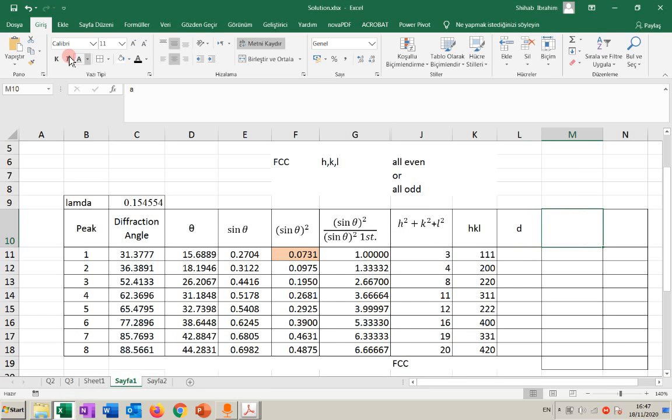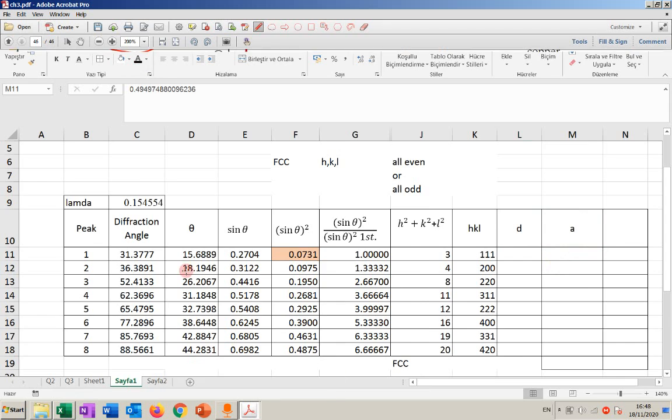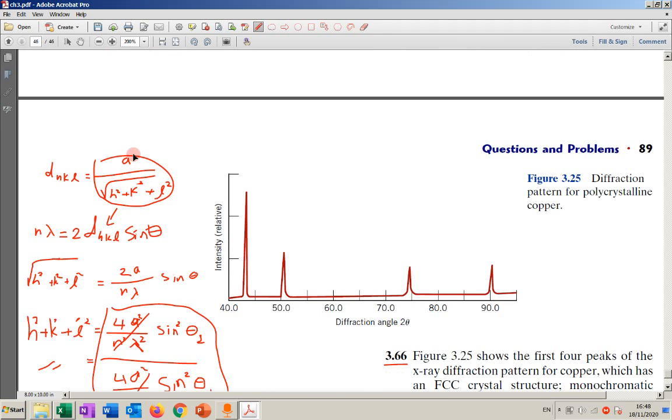We have 2 equations in order to find A. A will be found from this equation, but it needs DHKL. So you first have to find DHKL, then find A. Or bring this one inside here, rearrange it for A, create an equation for yourself, and then find A.